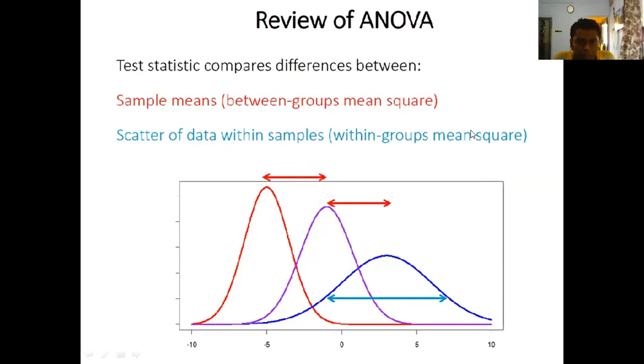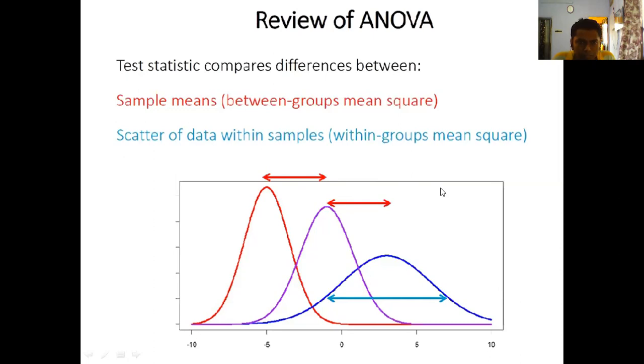So basically, in ANOVA, we compare means of more than two groups. If we want to compare means between two groups, then we can use the t-test.